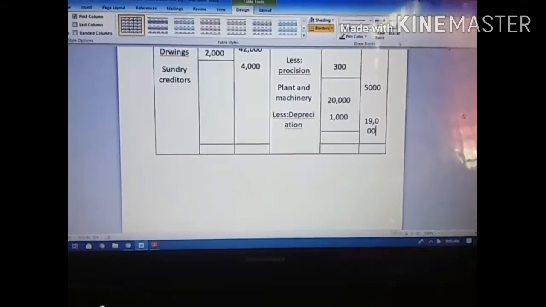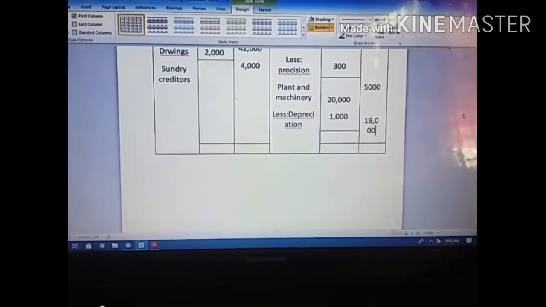All the amounts we have to enter in the balance sheet also. Whatever adjustment you make in P&L or trading, that same adjustment you have to make in the balance sheet also. So I show in P&L the provision for bad and doubtful debts and the depreciation amount, and the same thing I adjust in the balance sheet.